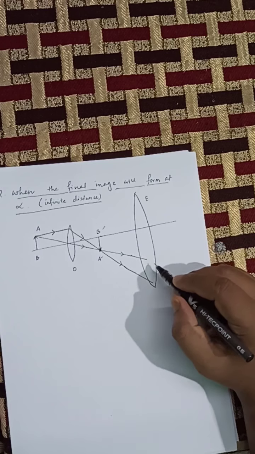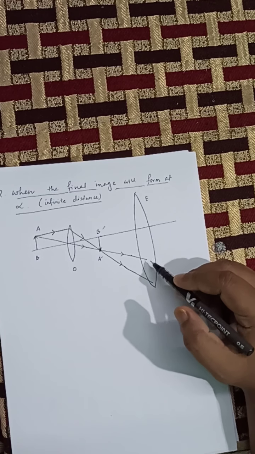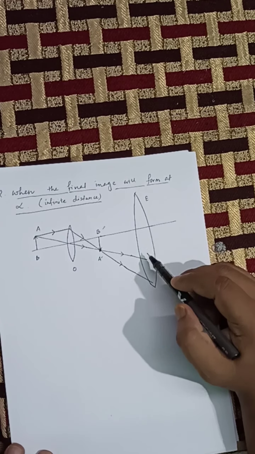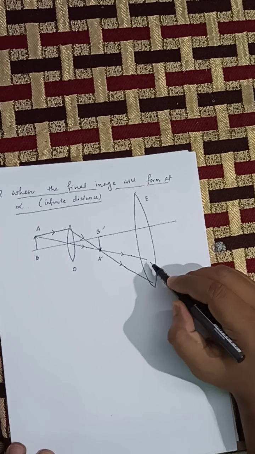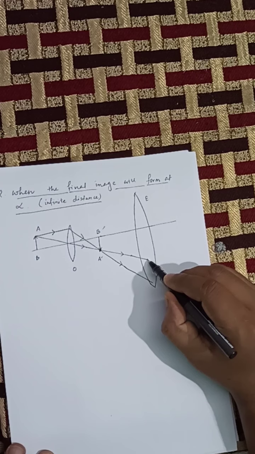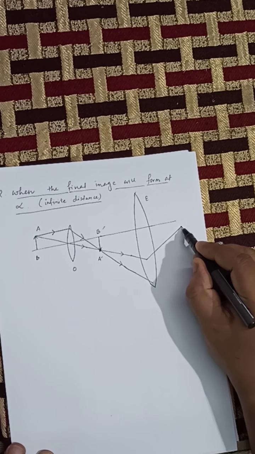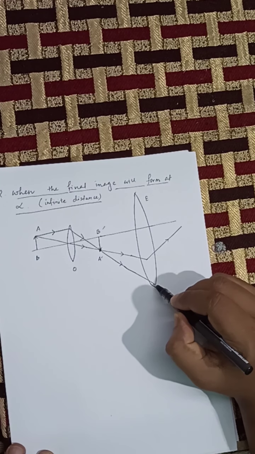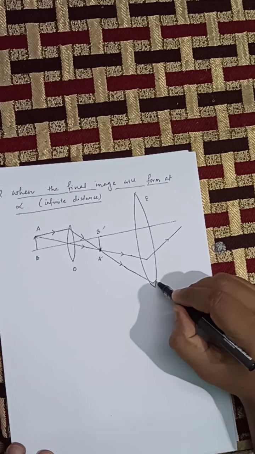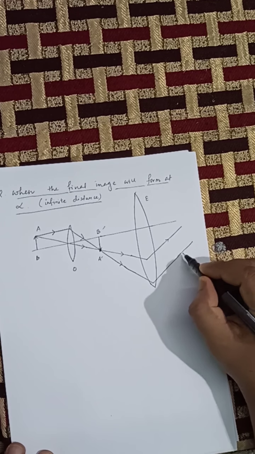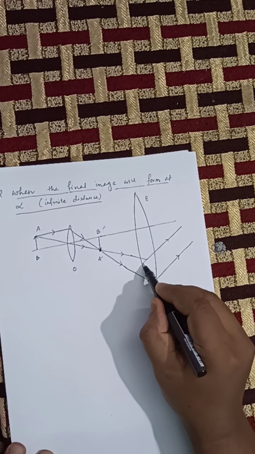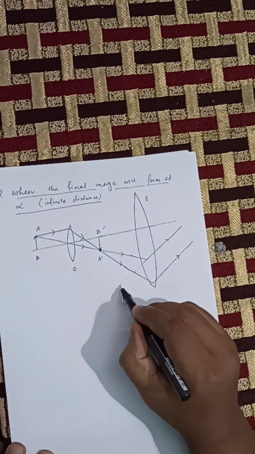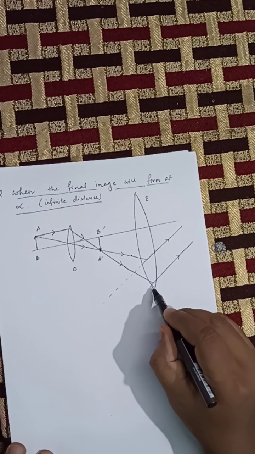Okay, now these two refracted rays, after refraction from eyepiece lens, so they will become parallel, isn't it? Okay, so that final image will form at infinity, like this.